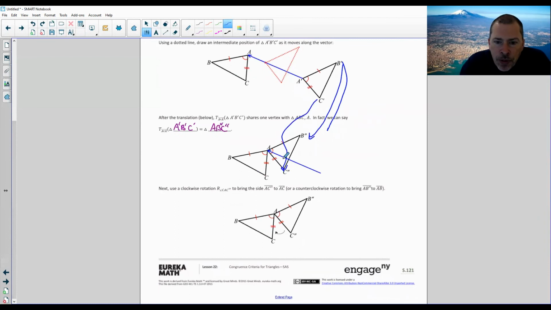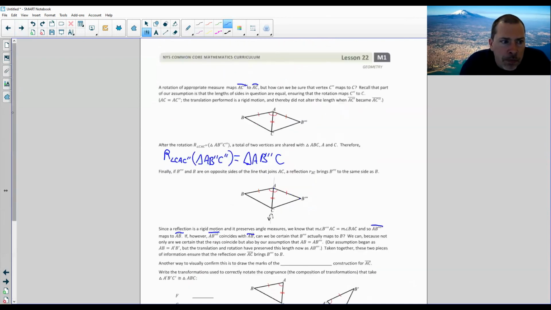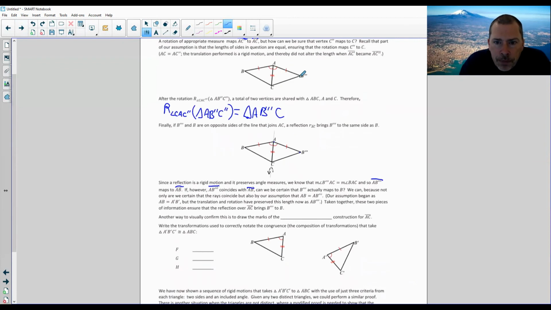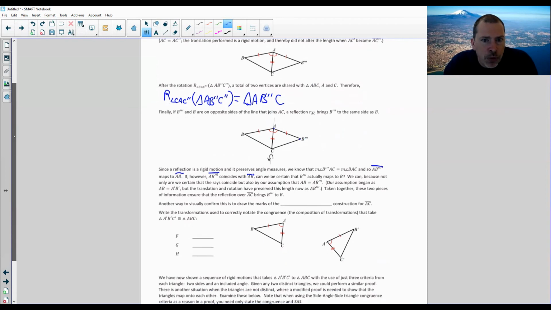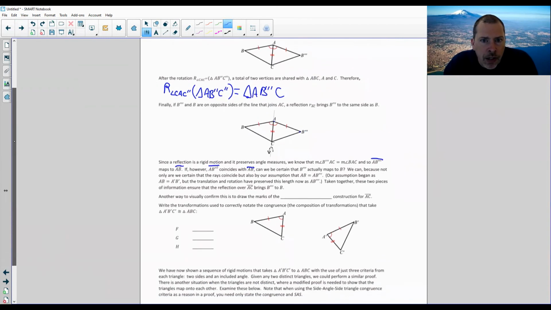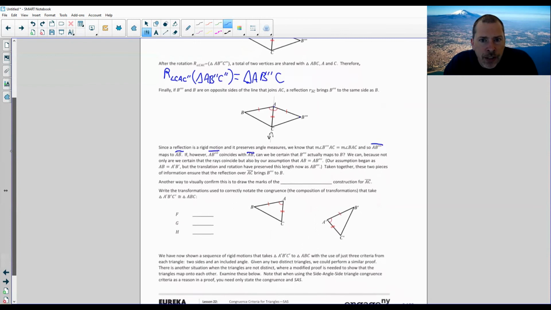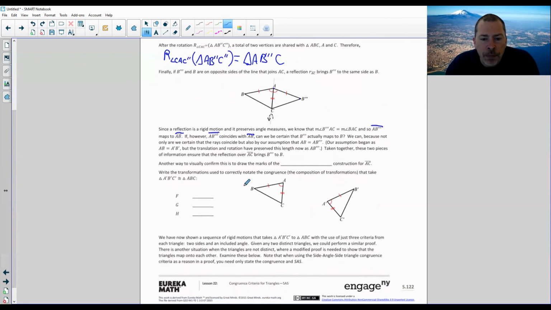And then when we rotated it, C double prime is going to become C. And on the next step, the rotation, B double prime is going to become B triple prime. And C double prime became C because it's sharing the vertex of the original triangle. Okay, hopefully that makes sense. Every time you make a move and the congruent part is not shared, the name gets changed to another prime.